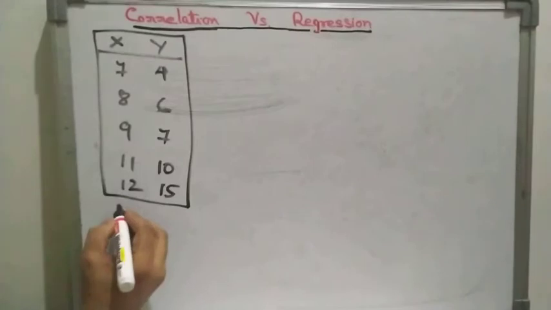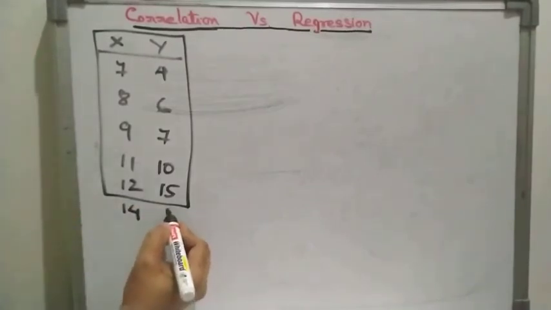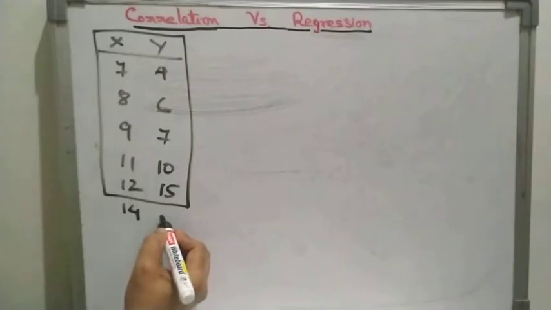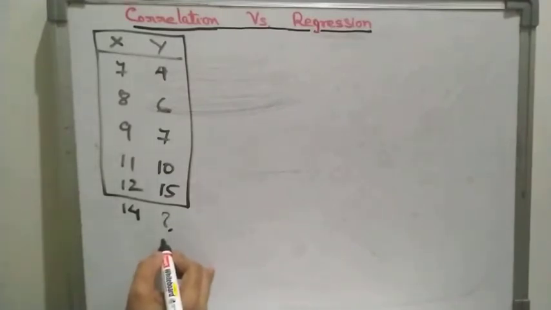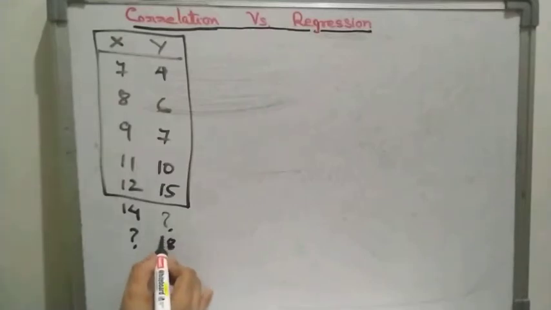Suppose for 14 you can predict the value of y, which is the estimated average value. Or for a given value of y, suppose 18, what will be the value of x?